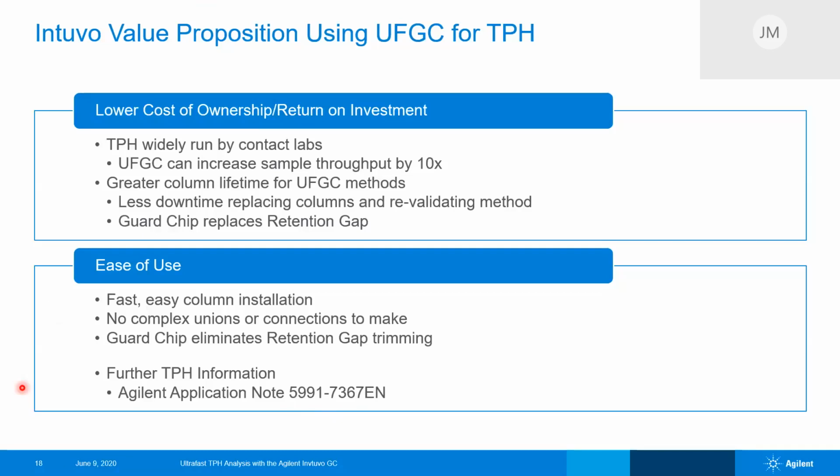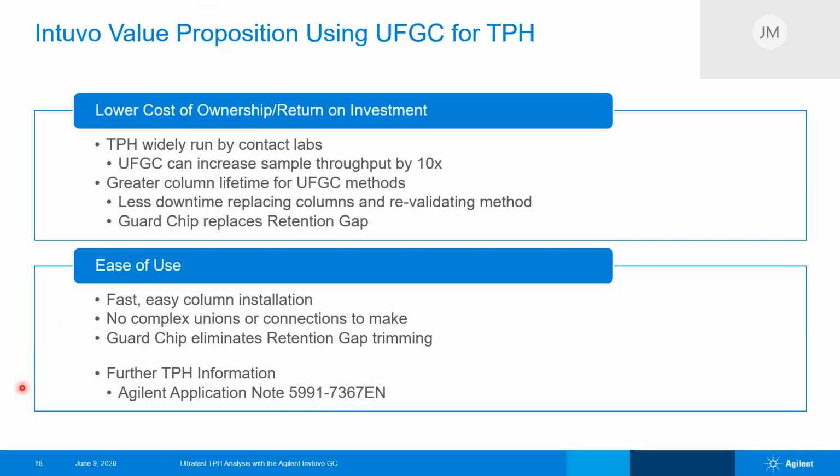I have run this method at the request of some of our European customers using the multimode inlet, and it worked just fine. So there really wasn't any significant difference between using that and the splitless, although I didn't really take advantage of the temperature programmability of the multimode inlet.